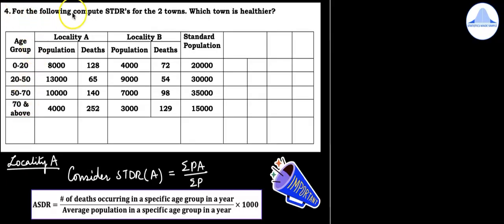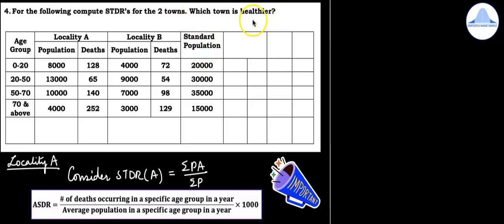Fourth question, for the following, compute STDRs for the two towns. Which town is healthier? The age groups are given as 0 to 20, 20 to 50, 50 to 70, 70 and above. Then locality A, population and deaths are given. Locality B, population and deaths are given. And the standard population is given.